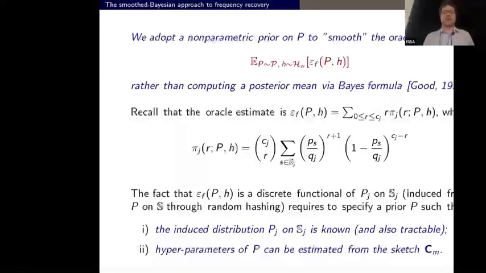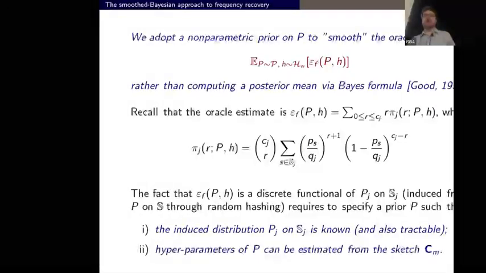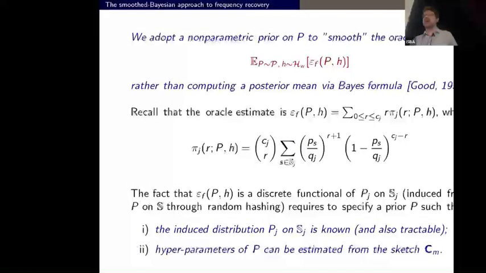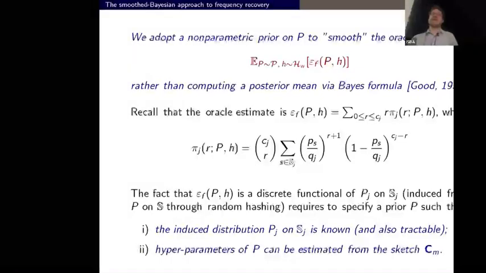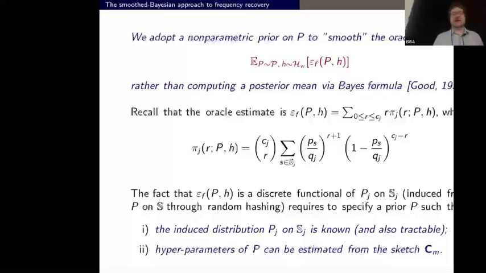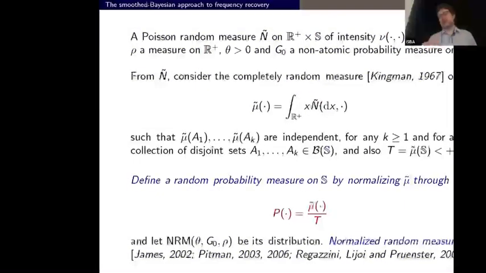And then I would also like the potential hyperparameter that I introduce on P to be estimated somehow using the sketch, because here everything is shifted to the sketch. That's the only information that I have.